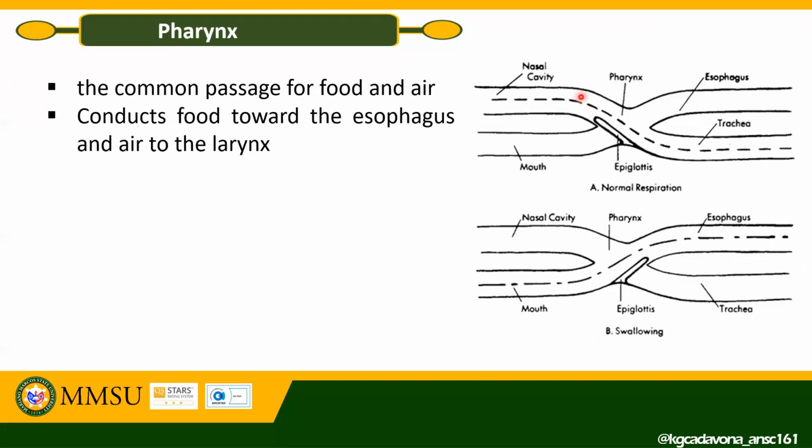Thus, the path ng hangin at saka yung mga na-swallowed na feed substances that are being ingested by the animals must cross in the pharynx, of which you can see the relationship of pharynx and mouth to larynx and esophagus during normal respiration in figure A, and then the normal na swallowing process for the figure B.